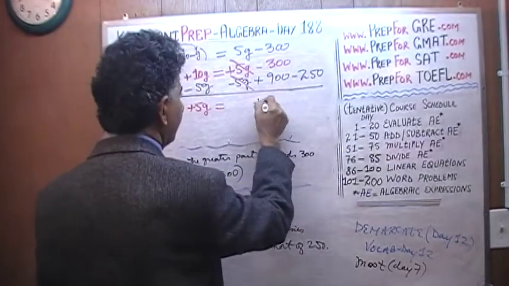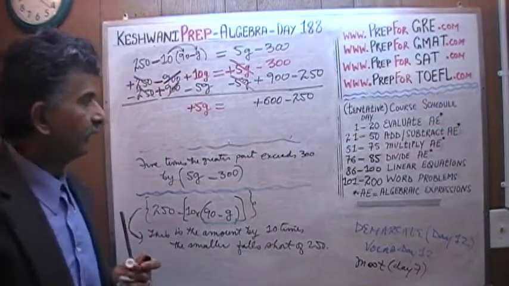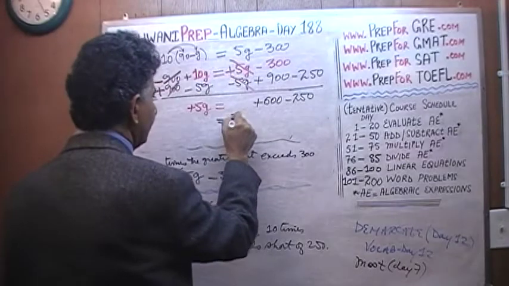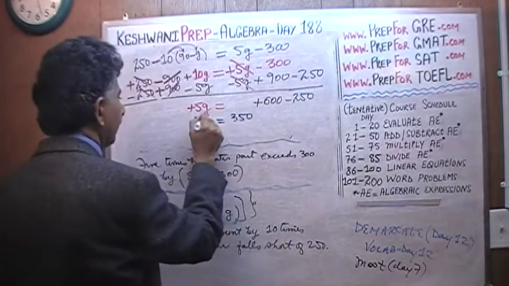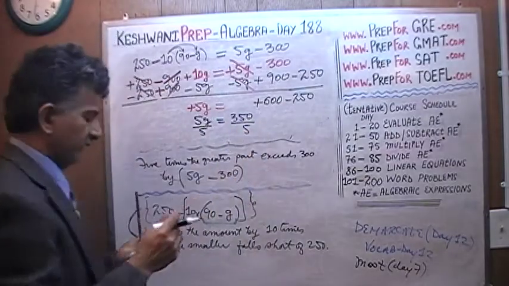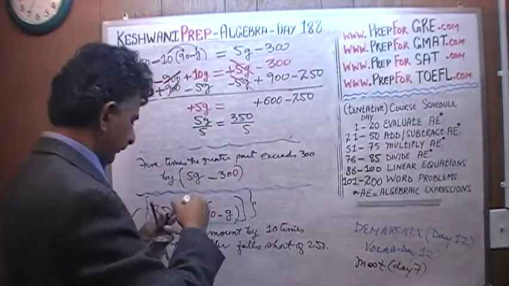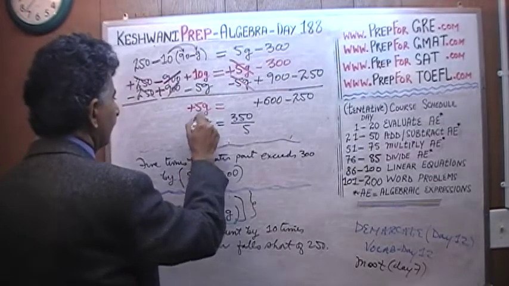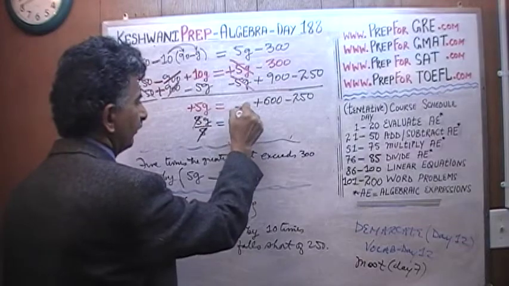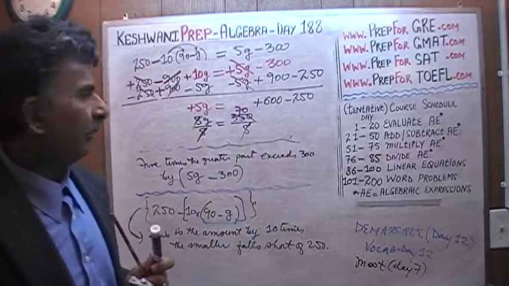This is positive 600 minus the 250, which is 350. So 350 equals 5g, and therefore divide both sides by 5. How many 5s in 35? 35 has 7 5s, so it's 70. Voila. Looks like the greater part is 70.